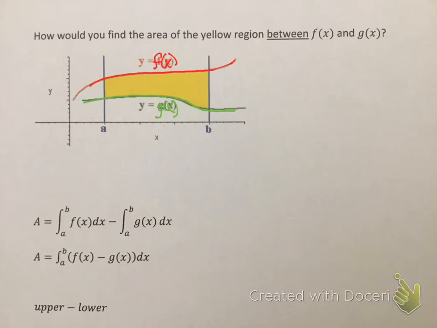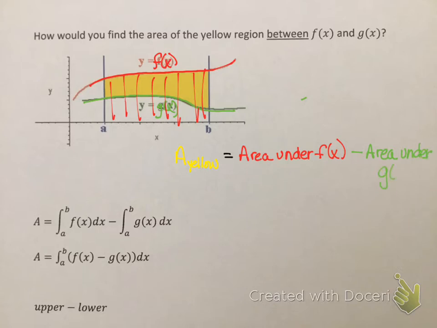If I'm trying to find the yellow region, would you agree that the area of the yellow region will equal the area under f of x, this whole entire thing right here, minus the area under g of x, this whole area right here.